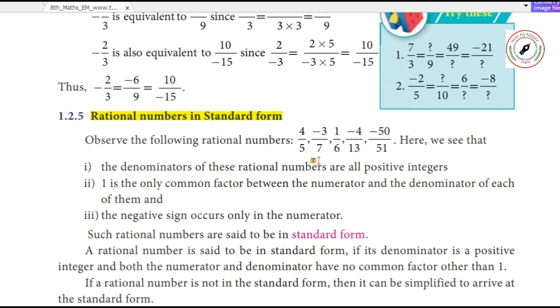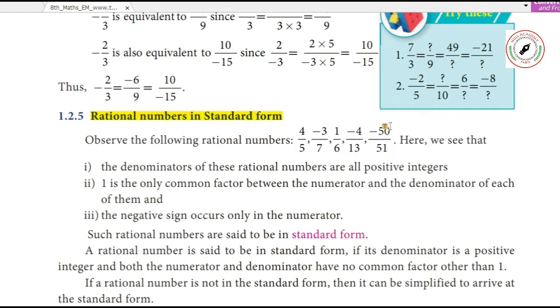But here, can you divide by anything? No. You can divide only by 1, isn't it? Okay. Then what is the third point? The negative sign occurs only in the numerator. You see? Negative sign, where is it available? In the numerator only, not in the denominator. Denominators are positive.